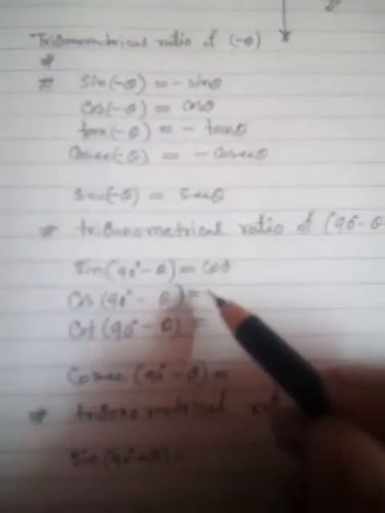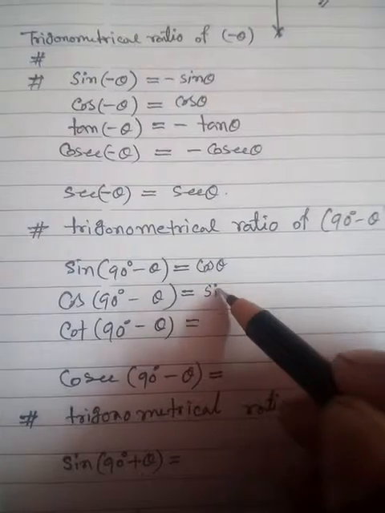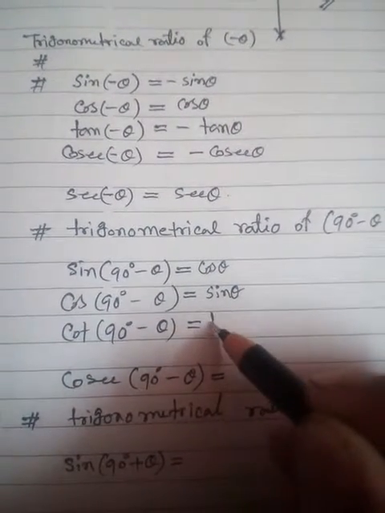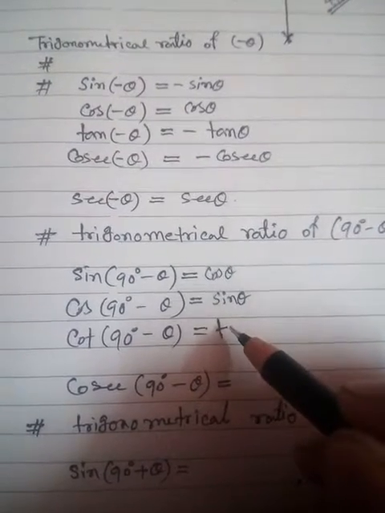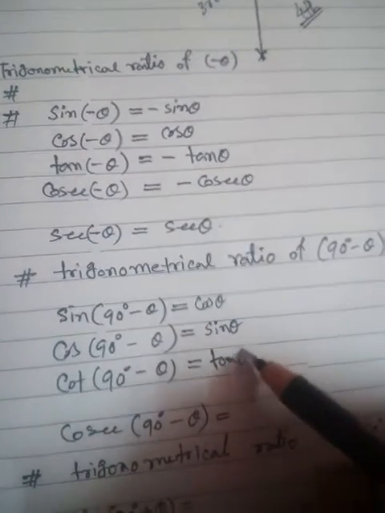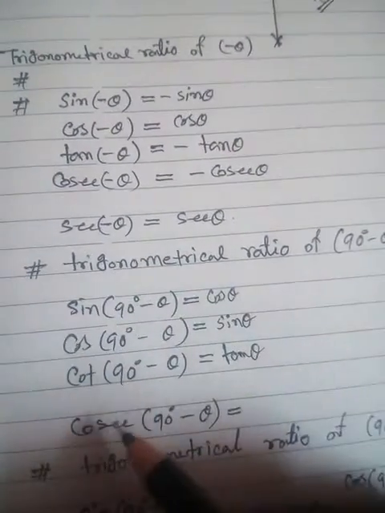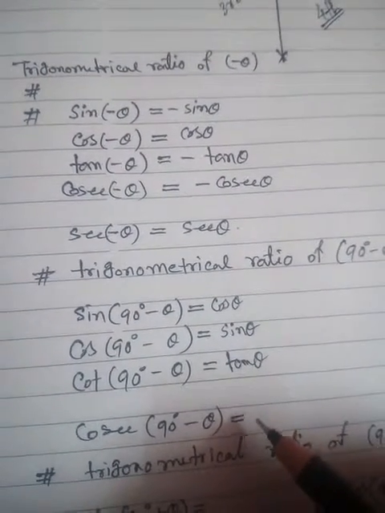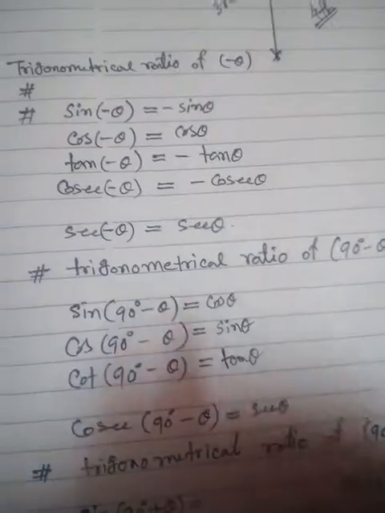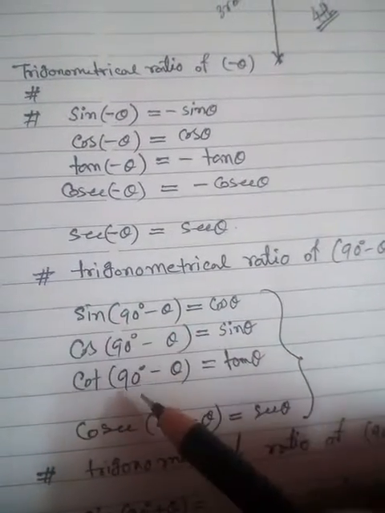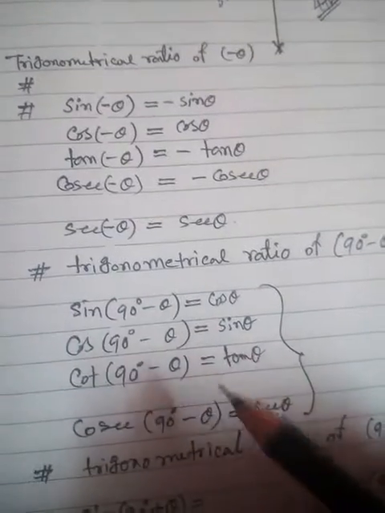So cos of 90 degree minus theta will be sin theta, and cot of 90 degree minus theta will be tan theta. And cosec of 90 degree minus theta will be sec theta. See here, all these values are positive because this angle is situated in the first quadrant.